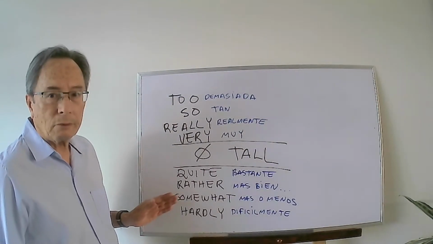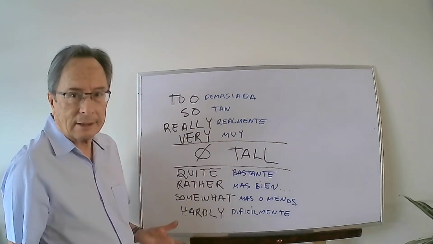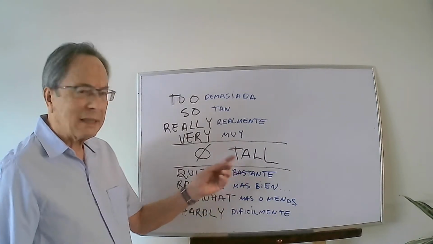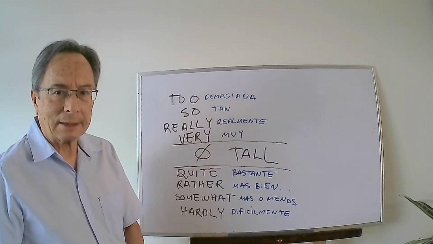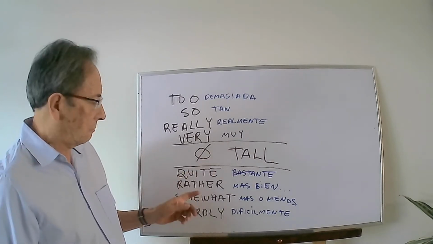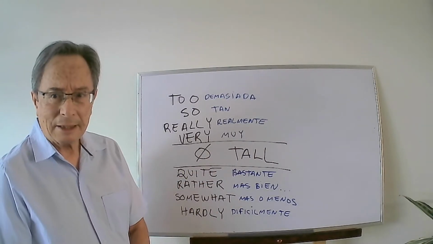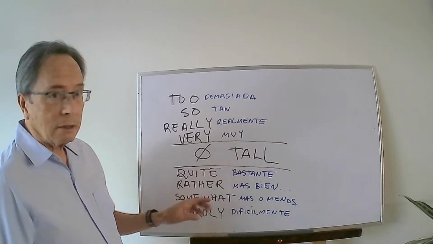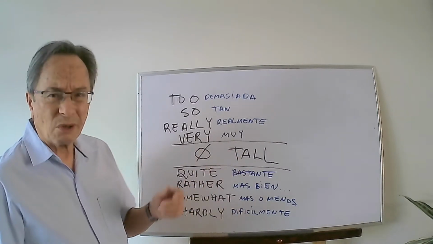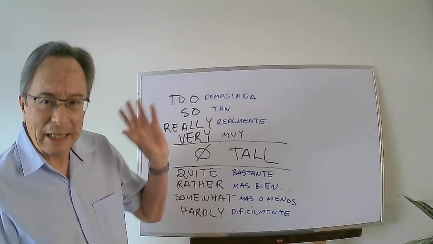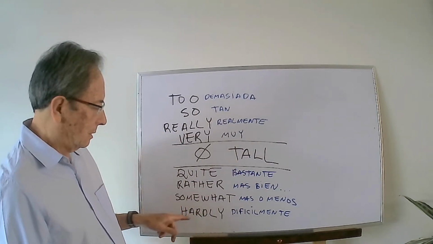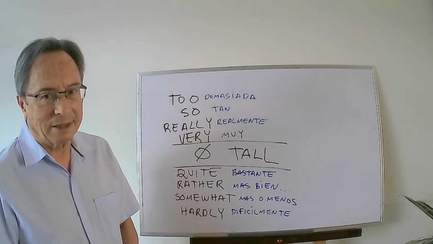Okay, now downward we have tall, alta, simplemente alta. Quite tall, bastante alta. Rather tall is más bien alta, okay? Somewhat tall, más o menos, o como que dándole hacia alta, okay? Somewhat, más o menos, and then hardly, difícilmente, okay?